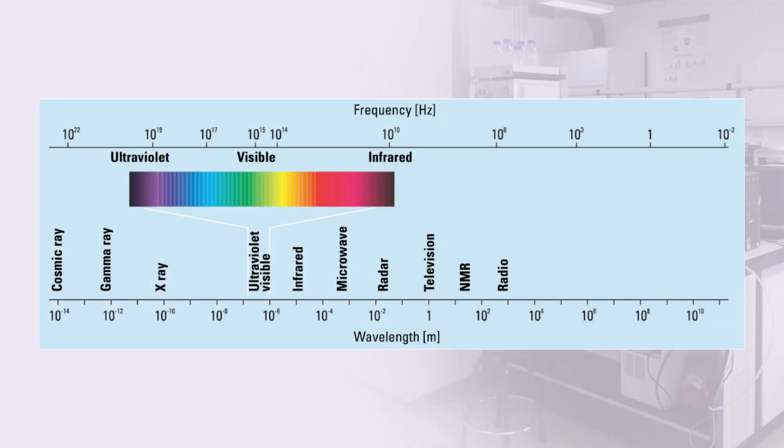Look at the electromagnetic spectrum. Here you see we have infrared, and if infrared is falling on the material, then the molecules will vibrate. If far infrared is falling, the molecules will rotate.